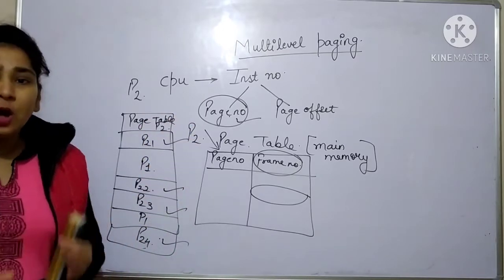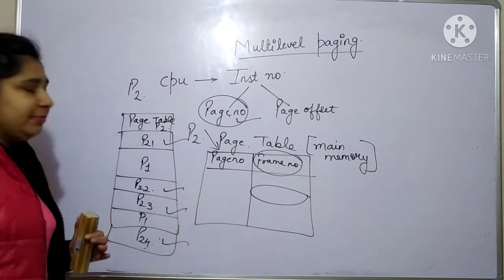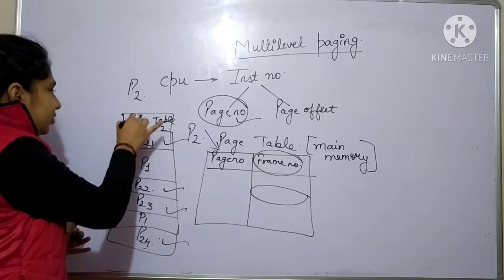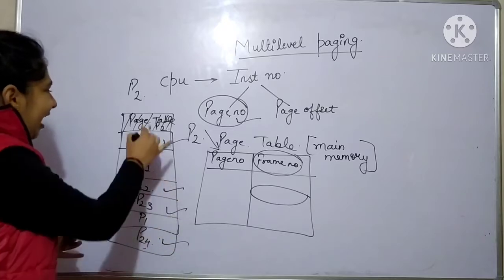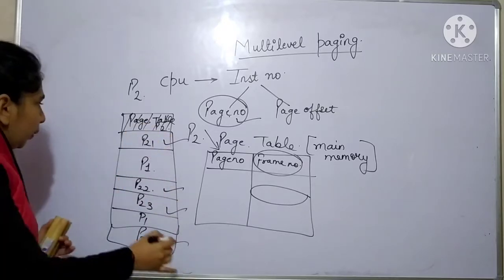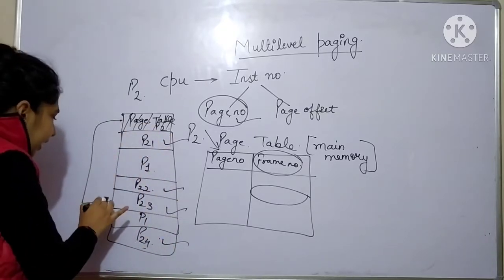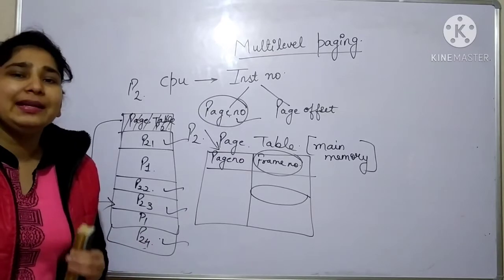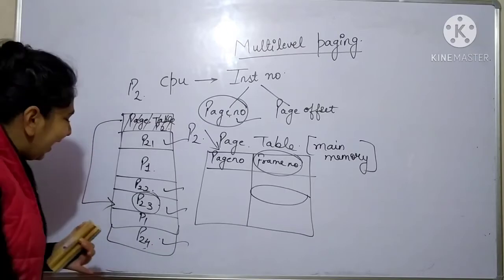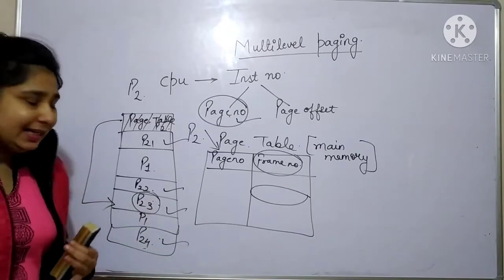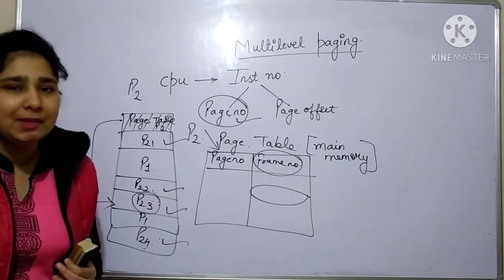We are just searching this page table, and with its help we go to the required frame number where we get the actual instruction number. You go to that frame directly and fetch your instruction.